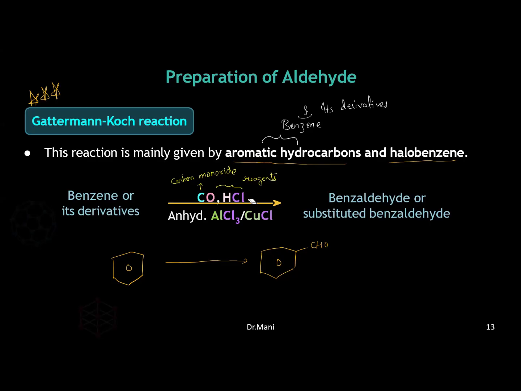That electrophilic species, which will be formed by this carbon monoxide and HCl in the presence of this catalyst, will react with the aromatic ring that is present here. So they will substitute one hydrogen atom on this ring and form a CHO, that is a benzaldehyde. So they will first form a formyl group. That formyl group will finally turn into the benzaldehyde.